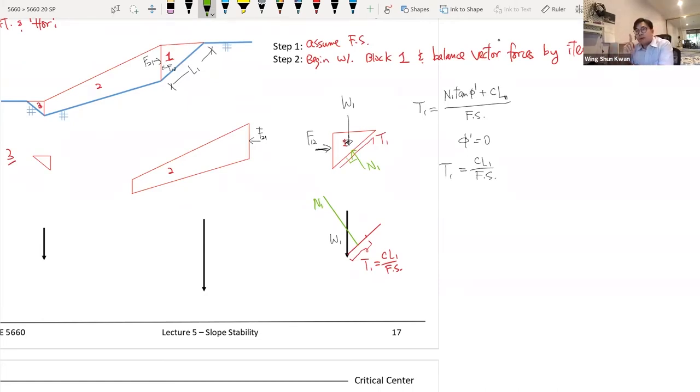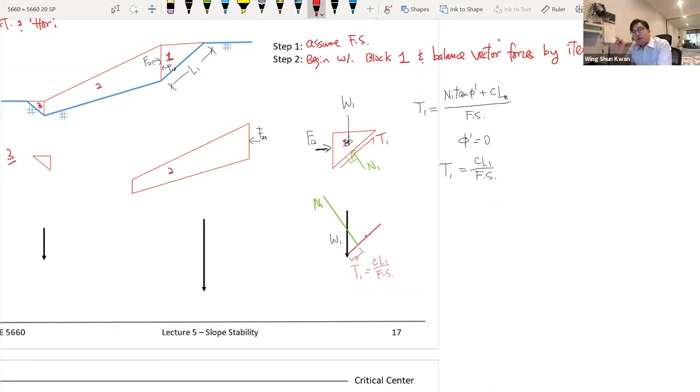But there's a diagram method that helps you solve the problem without knowing N1. You know T1. So I move the scale, just to make my life a little bit easier. Now assume this much here is what you calculate. T1 is easy, you can calculate that, but you need to assume a factor of safety. N1 you don't know, but you don't need to know it because you know W1 and you know T1.